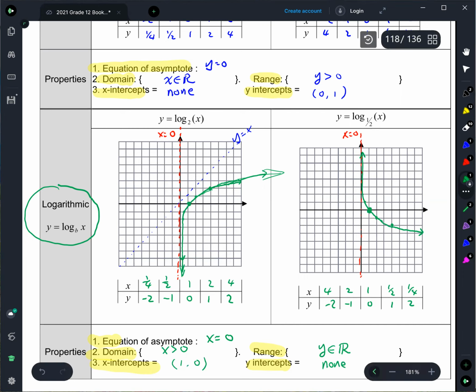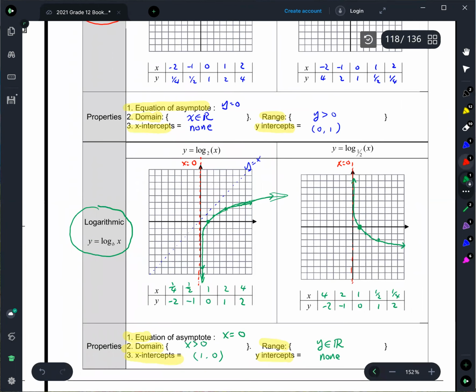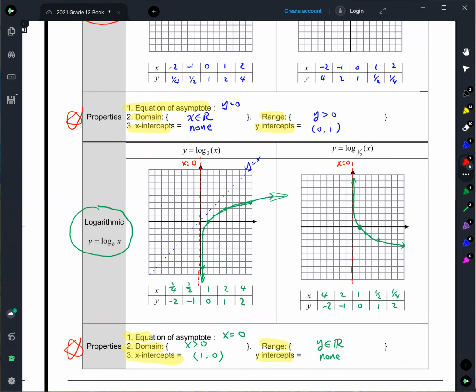Okay. So if you compare the chart on the top, for the exponential and the log, you can see all the x and y are swapped. Used to be y equal to 0 for asymptote, now it becomes x equal to 0. Used to be the domain is real numbers, now the real numbers become the range.